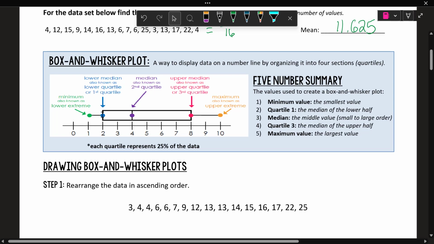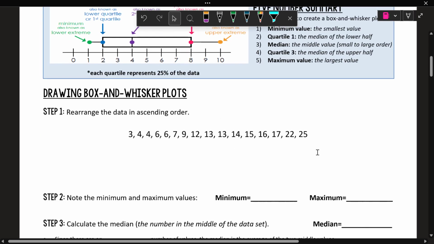And then we make a box around the first quartile to the third quartile. We mark a line at the median, and the minimum and maximum just get either a line or a dot, and we get the whiskers going out there. Sure, that all made sense, but let's actually do one.